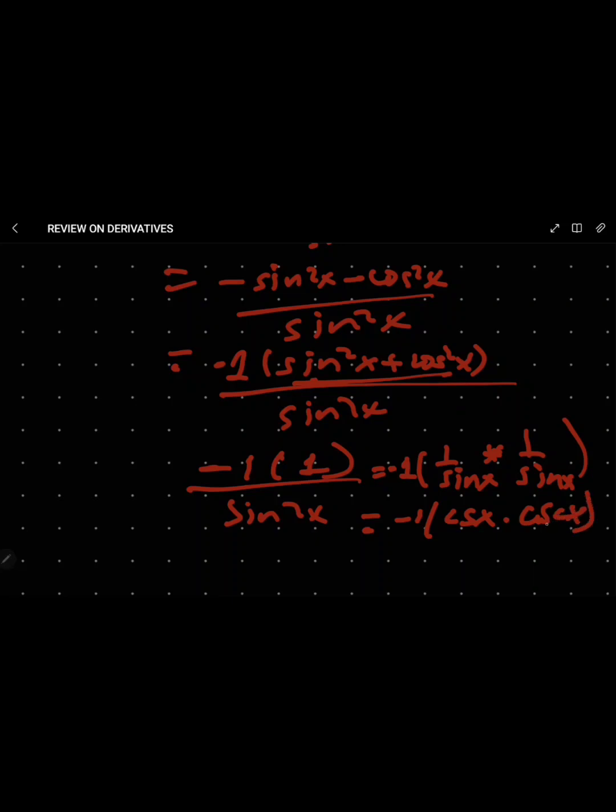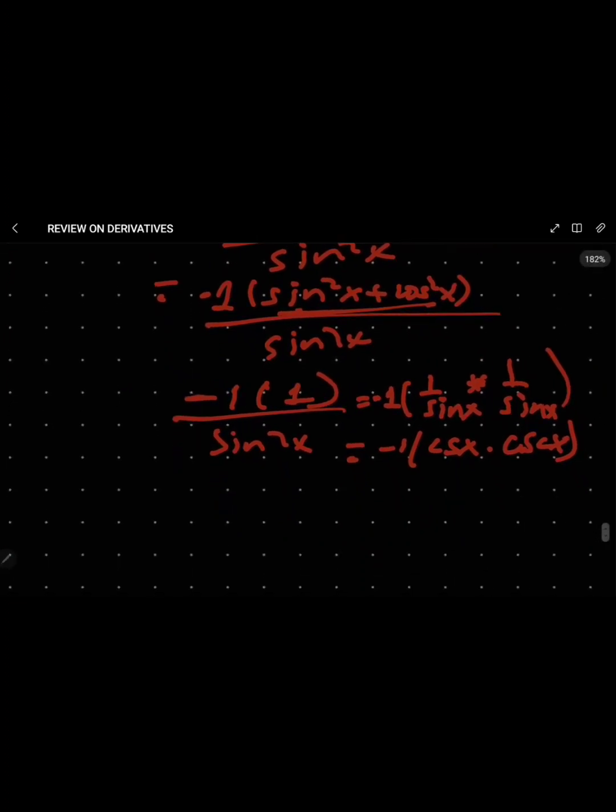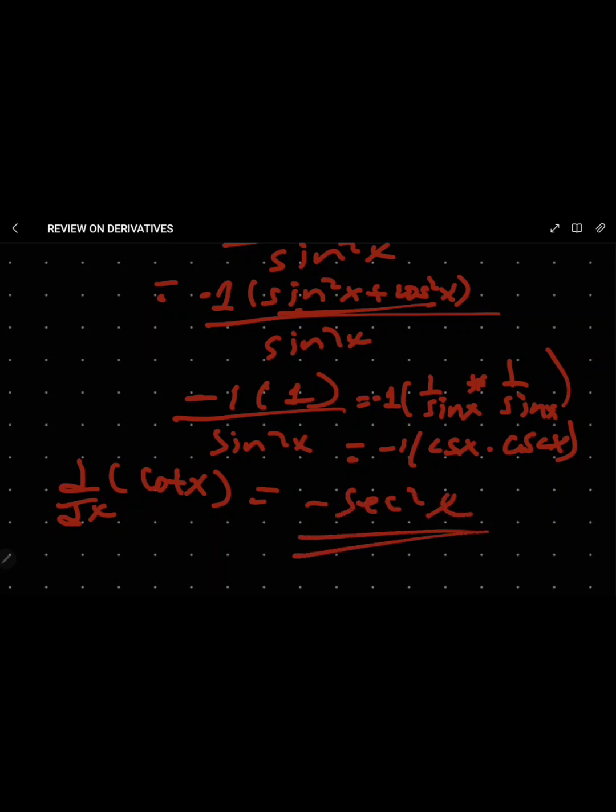The reciprocal of sine is cosecant. So what is d per dx of cot x? This is equal to minus sec square x.